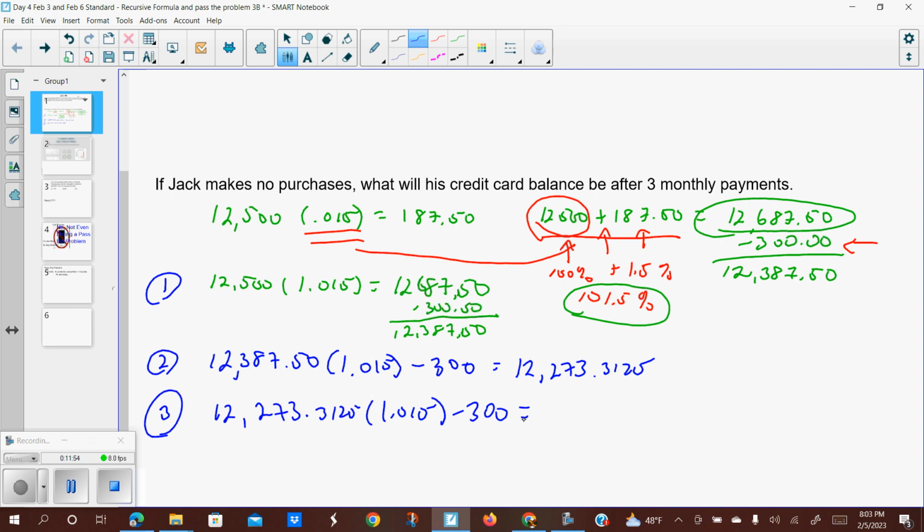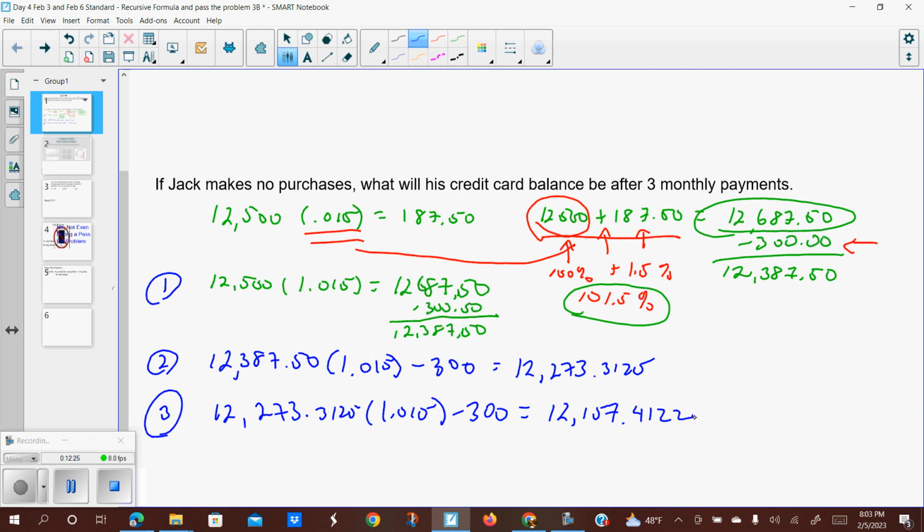And let's see what happens when we plug that in the calculator. Times 1.015. Then we'll subtract 300. And I am getting 12,157.4122. So really it's $12,157.41.